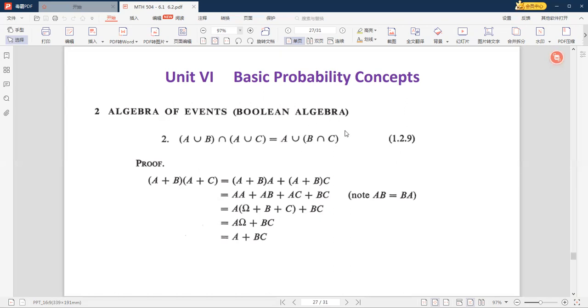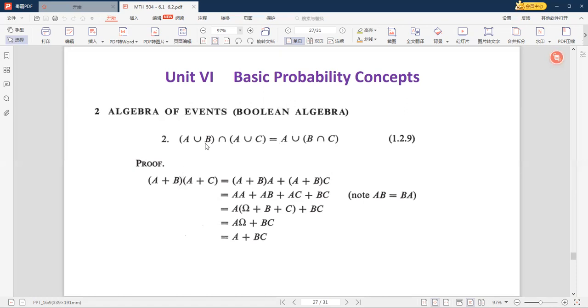And then you pick an element from the right side and show it's also an element of the left side set. Because the picking is random, you can essentially show these two sets are equal. We did some examples before. But there's an easy way to do it.